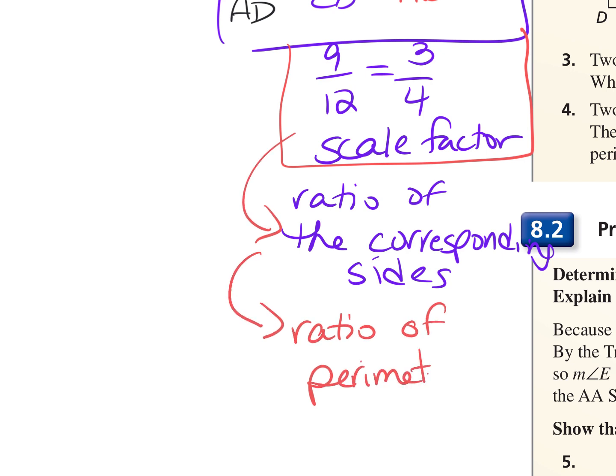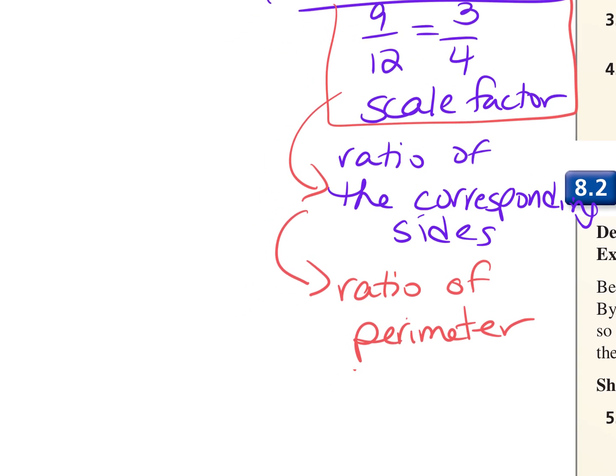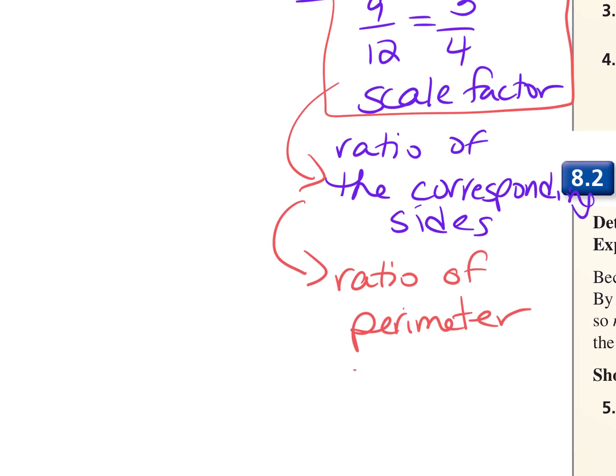This was the theorem that we learned in 8.1. So scale factor, ratio of the corresponding sides, ratio of the perimeters is always the same number.